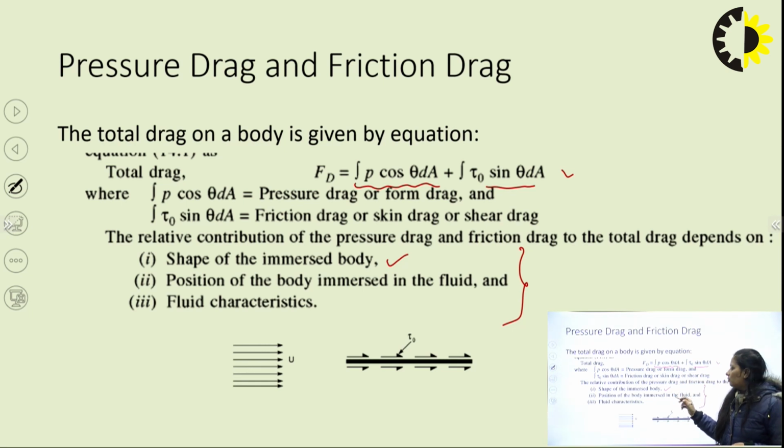And the position of the body immersed in the fluid: is it inclined, horizontal, or perpendicular? The value of theta will further affect your FD. And regarding fluid characteristics, when the density of the fluid medium is more, the drag force will be more.